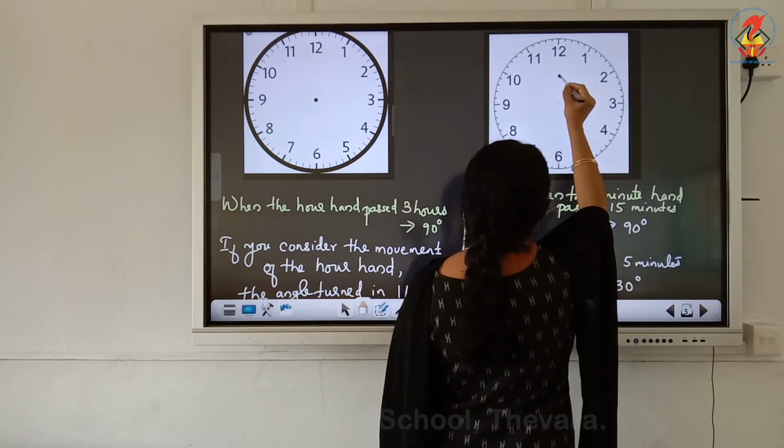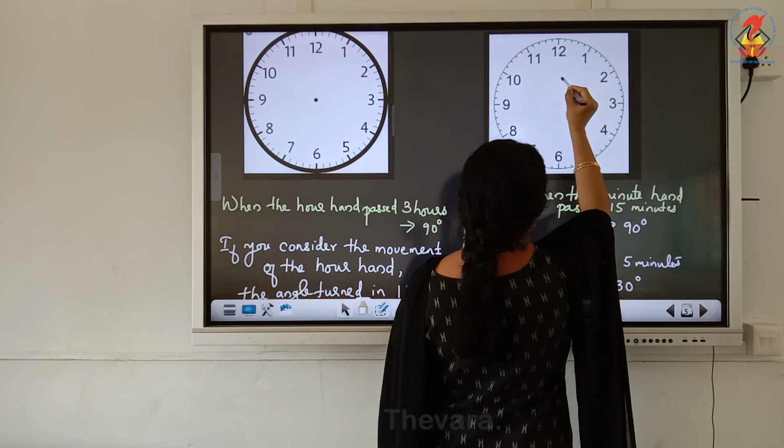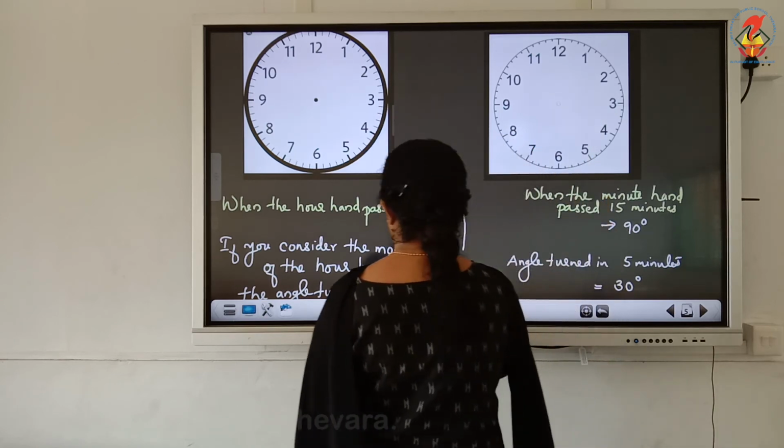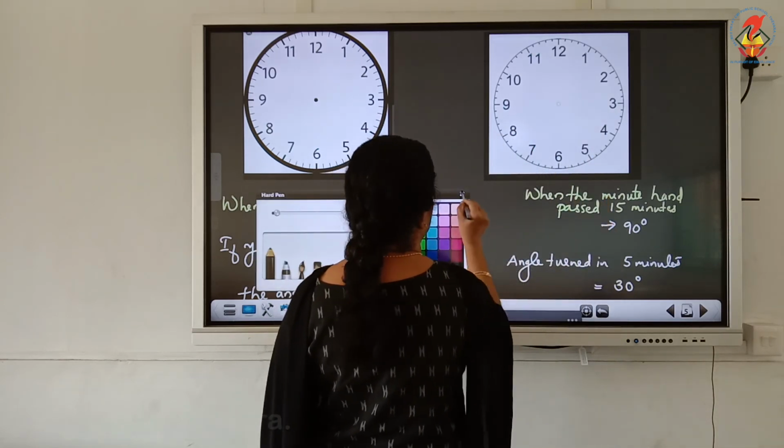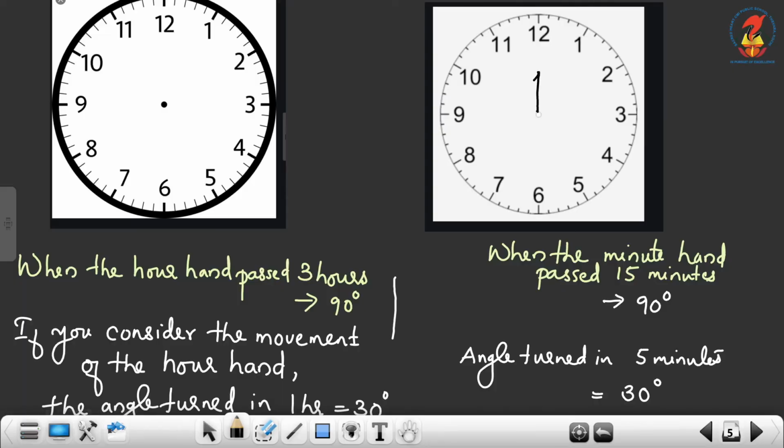Suppose the minute hand is at 12, it starts at 12, and reaches at 1. So how many minutes did it pass? 5 minutes. So the angle turned in 5 minutes will be equal to 30 degree. The angle turned in 5 minutes is 30 degree.